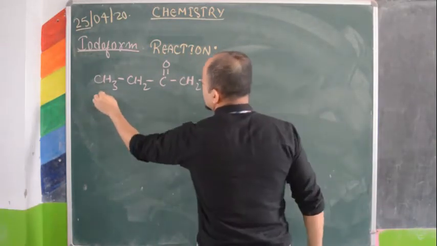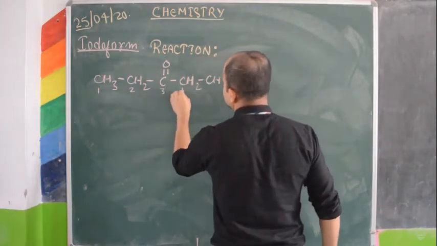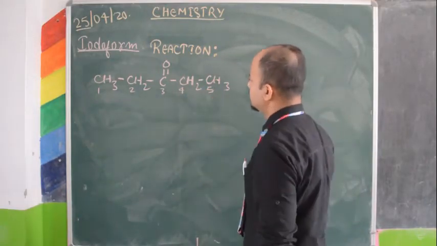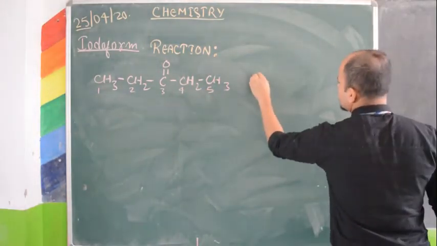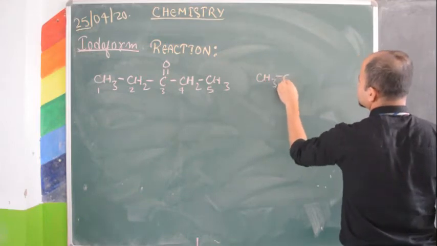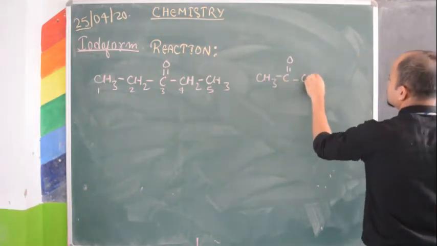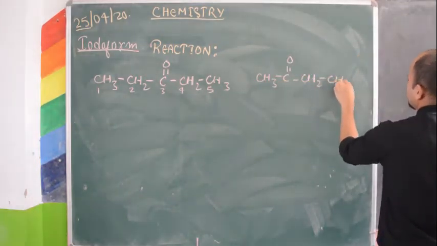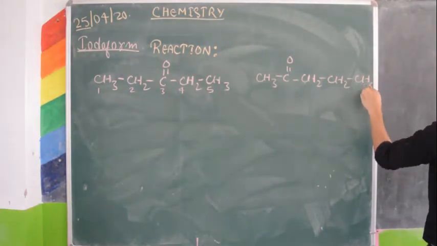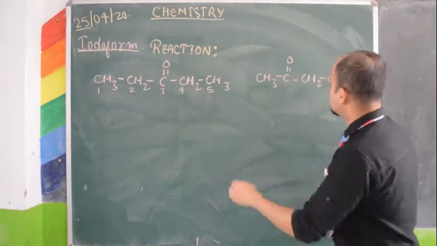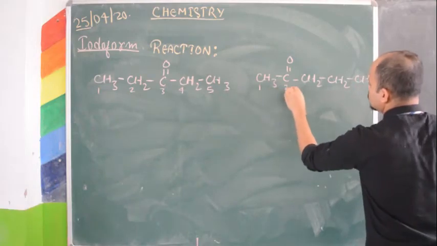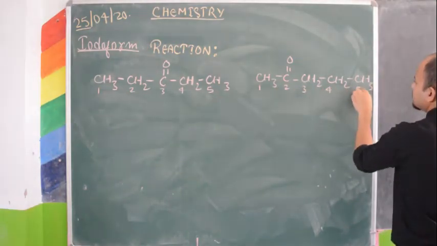This is 1, 2, 3, 4, 5. Similarly, you have CH3, CH2, C double bond O, CH2, CH3. Here also, it's 1, 2, 3, 4, and 5.